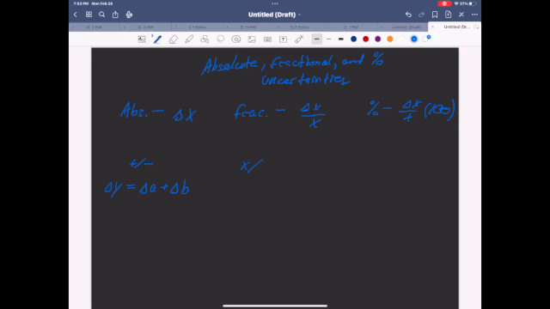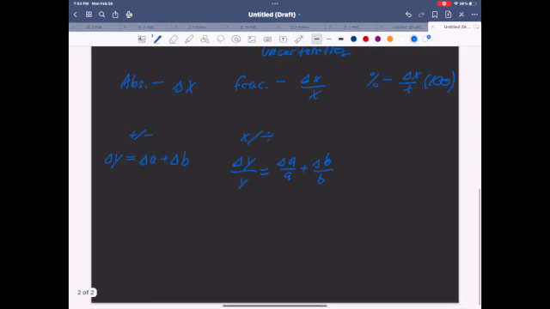But when you get to multiplication or division, you express it as the fractional uncertainty equals the fractional uncertainty of A plus the fractional uncertainty of B. You do not change this formula even if it's division.